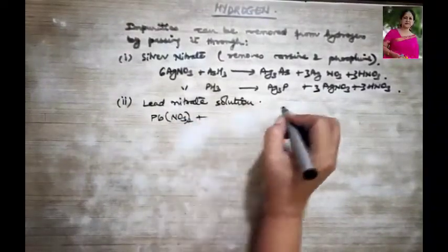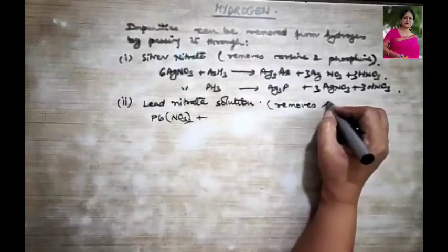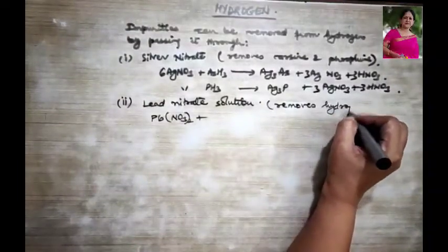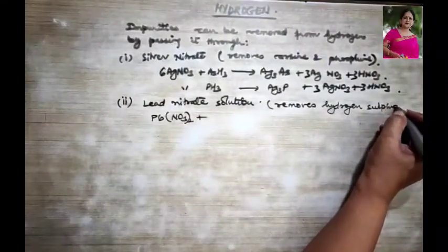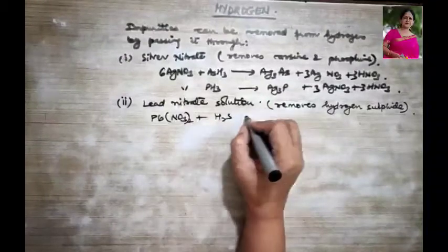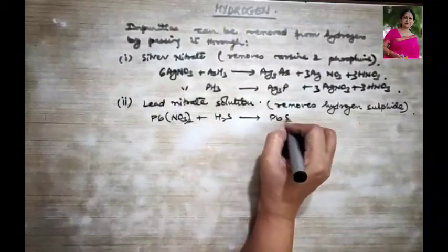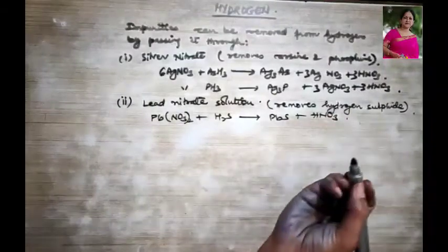This is used to remove hydrogen sulfide, H2S, and thus it forms lead sulfide, and HNO3 will be formed over here.